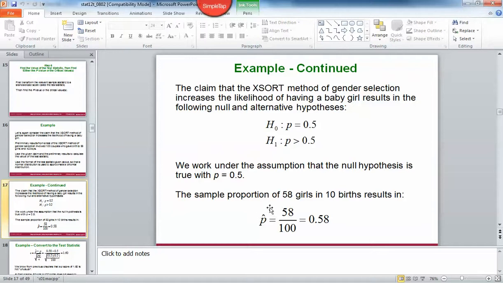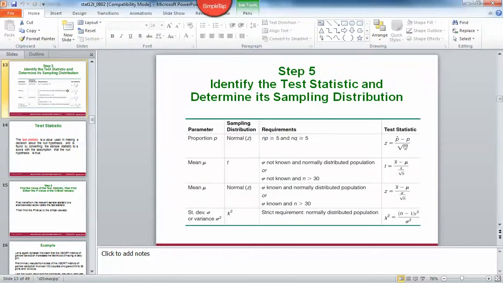If you look back at the test statistic for a proportion, the formula that you need for a proportion p, notice there's a p-hat and there's a p. P-hat comes from the actual sample that you're looking at. P is the population proportion. So that would come from the null hypothesis.